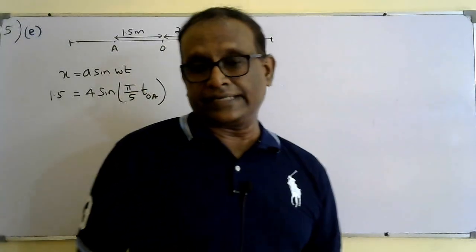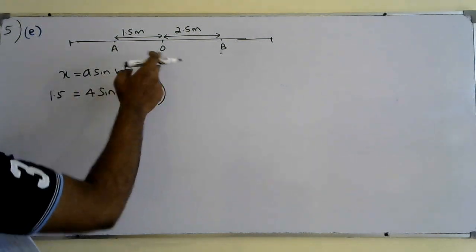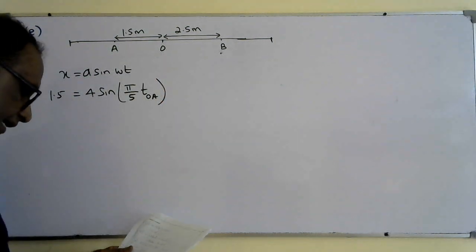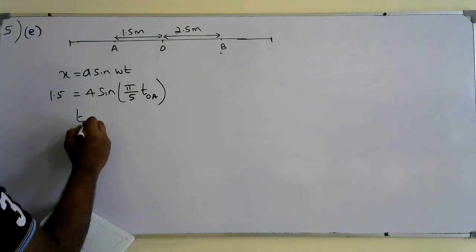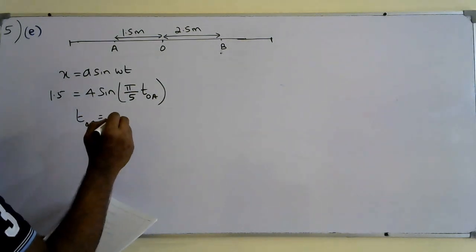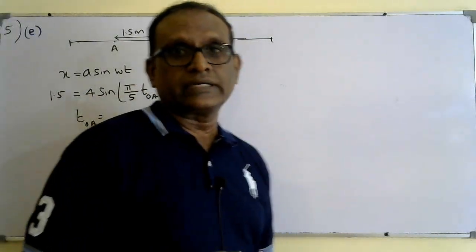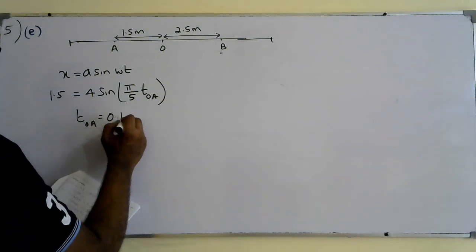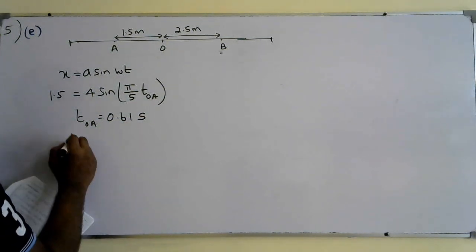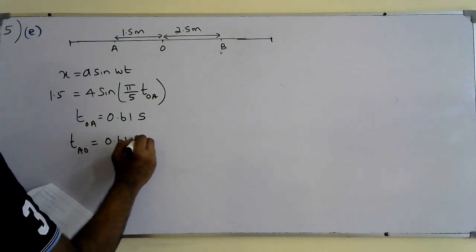The time of OA is same as time from A to O. Okay, solve it and get the time. T OA will be equal to, we have to solve this by using calculator in radian mode. Calculator should be in radian mode. So you will get 0.61. So time A to O is also the same, 0.61 second.